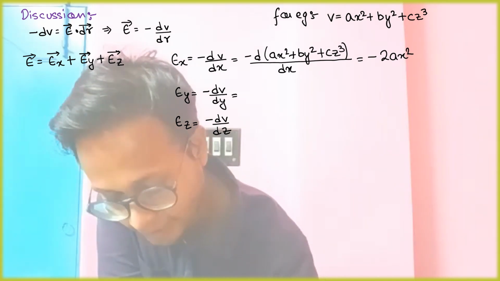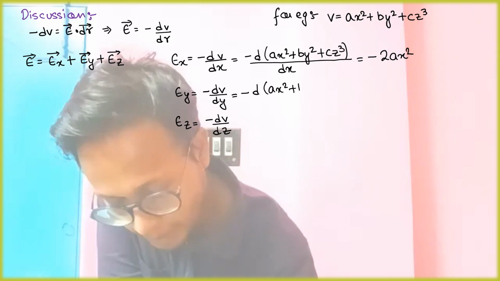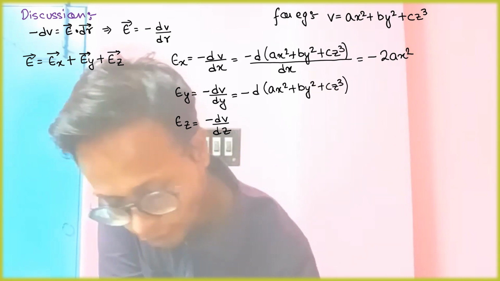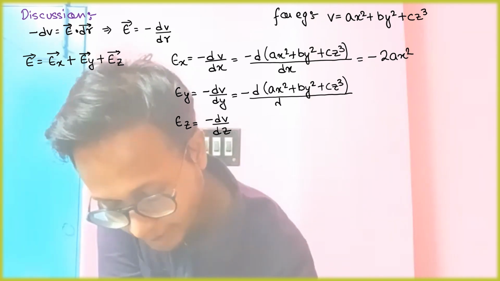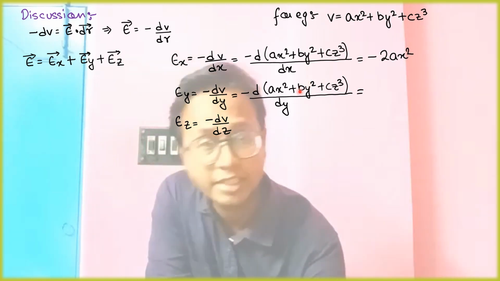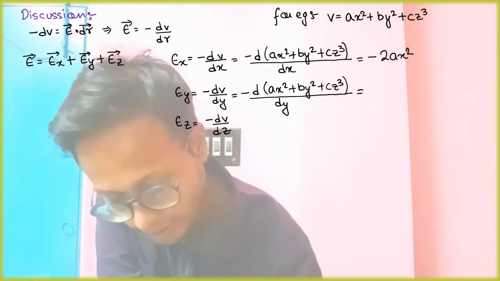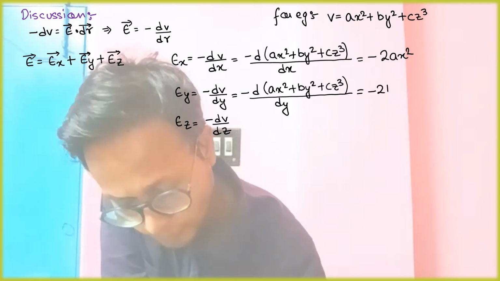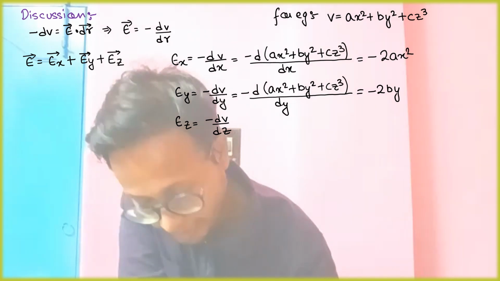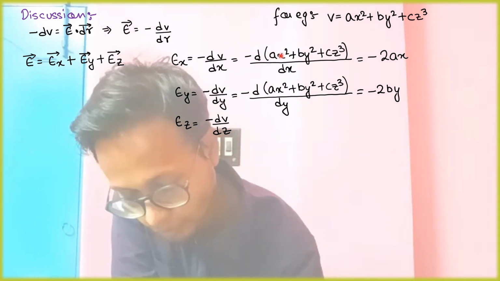Similarly, while differentiating with respect to y, d(ax² + by² + cz³)/dy, any other variable other than y would be treated as constant, so this differentiation would come as minus 2by. I made a mistake of differentiation here. Minus 2ax, not 2ax², 2ax.